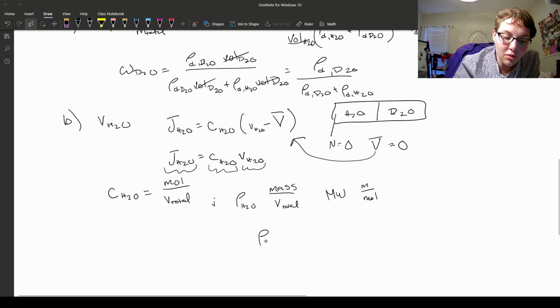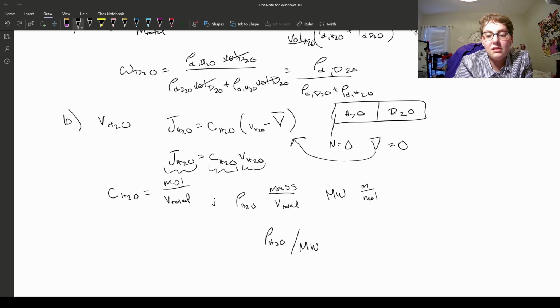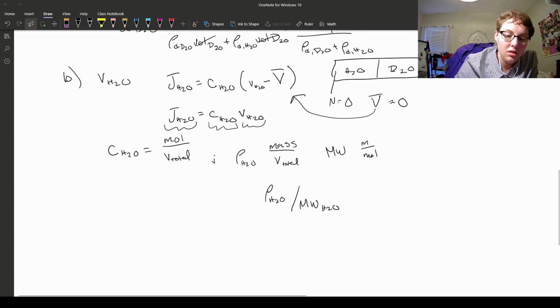We're just going to have to divide the mass concentration of the component by the molecular weight of the component. That'll allow us to cancel out mass and get moles per total volume. So then right away, we already have our definitions for mole concentration.